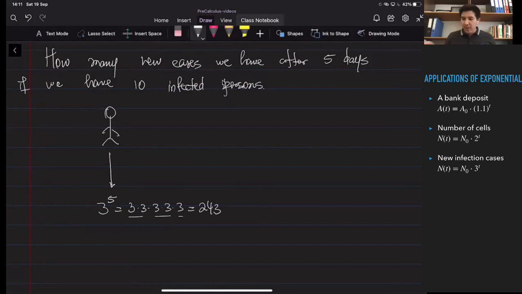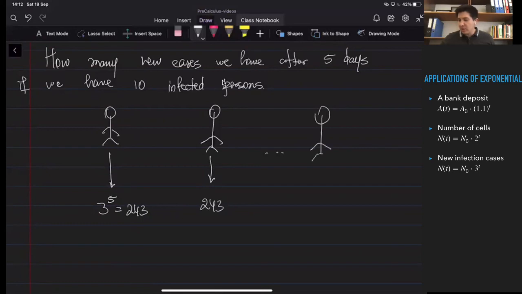Okay, but at the same time, keep in mind that you've got 10 infected, right? So this one is also going to generate 243 cases, and the next one is also going to generate 243 cases. So in total, you just need to sum them, so 10 persons, right?